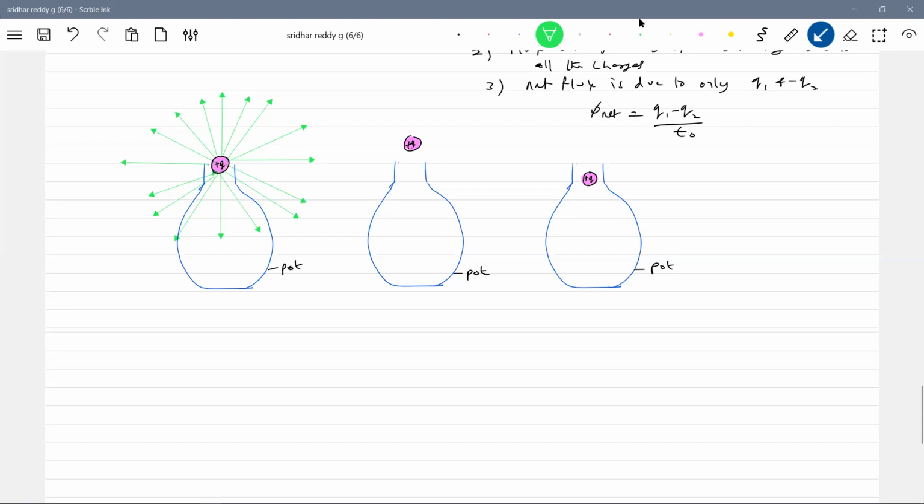Okay, count them: there are 6 lines of force. One, two, three. Okay, so some 7 lines of force are there. 7 lines of force are passing through the pot. Okay, the third situation. I think I can bring the same diagram. No, this will be a little bit different. Let me draw it properly.